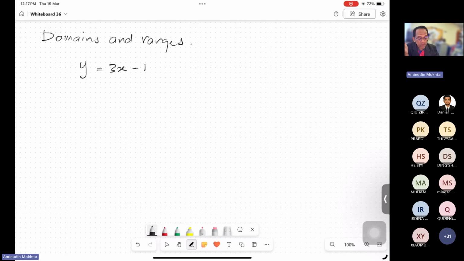Our focus here is y and x. What is y and what is x? When we write y equal to 3x minus 1, y can be defined as output, and x is input.